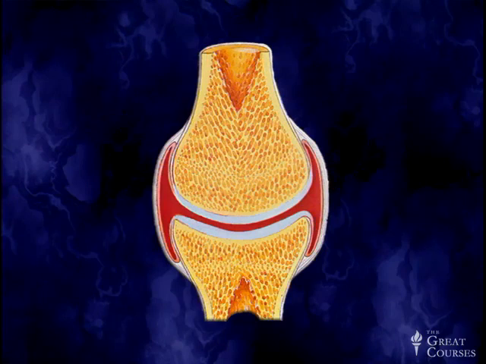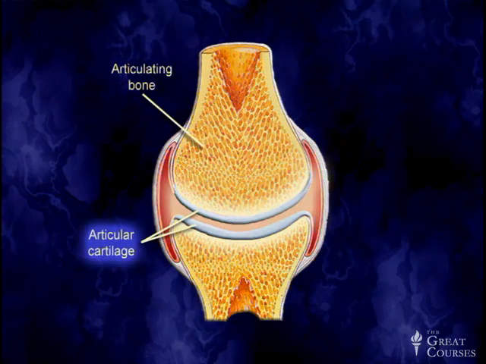Let's take a quick look now at the joint diseases that we can incur. Here is a typical joint called a synovial joint, just to tell you the structures. Here's the bone, here's the cartilage and cartilage surfaces that fit together with a smooth lining.